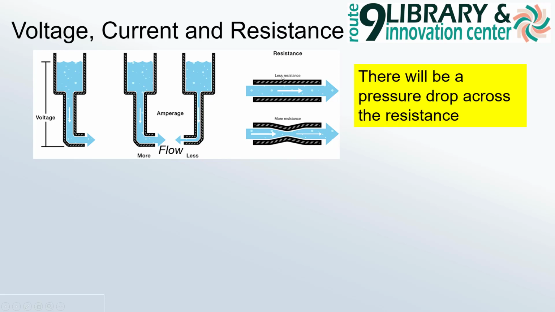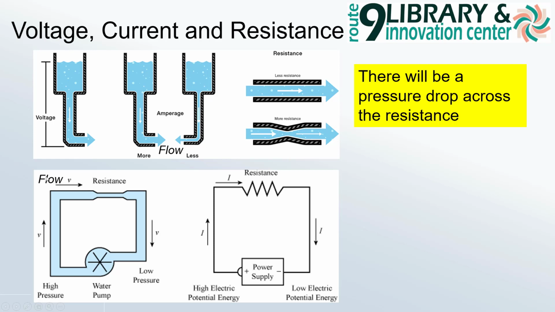So when we apply a resistance in this situation, where we have a voltage source that's creating the pressure in the first place, we have flow going through this garden hose. The minute I squeeze the garden hose, there will be a pressure drop. The pressure on this side will be higher than the pressure on this side. That pressure drop is like a voltage drop, because remember I said pressure is analogous to voltage here.